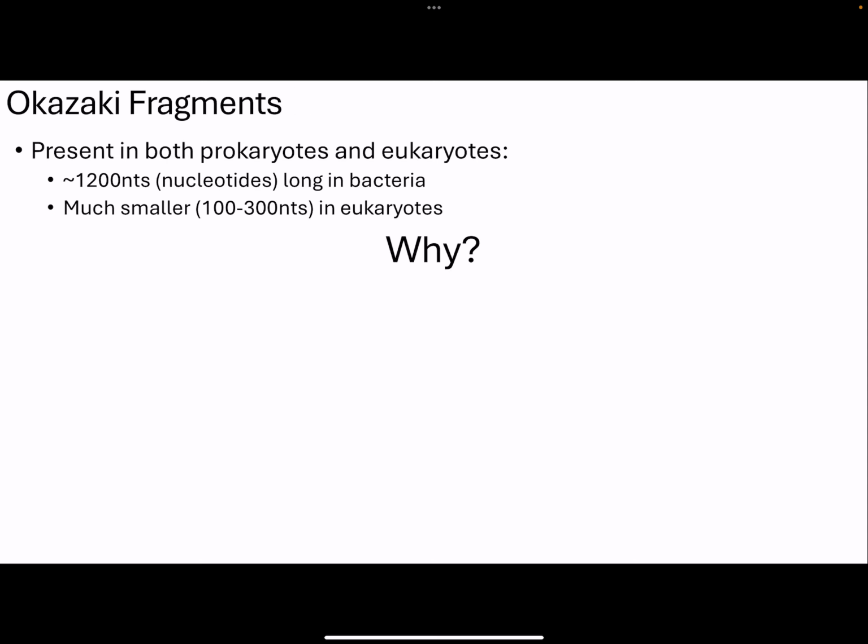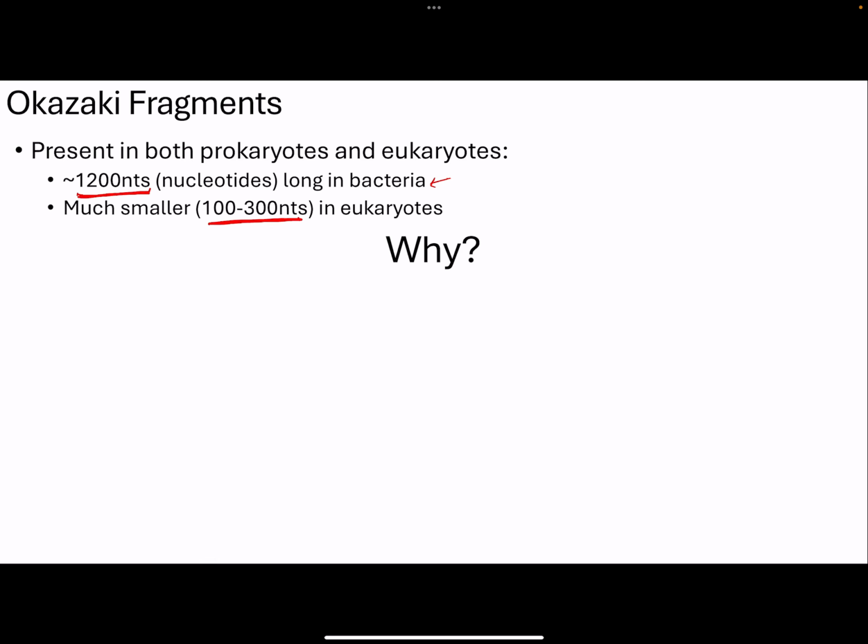All right. So these smaller fragments, Okazaki fragments, are present in both prokaryotes and eukaryotes. But one of the big differences between prokaryotes and eukaryotes is the overall size of Okazaki fragments. In bacteria, we have Okazaki fragments that are about 1,200 nucleotides long. And they're much, much smaller in eukaryotes.